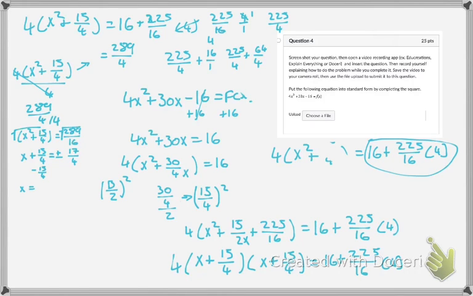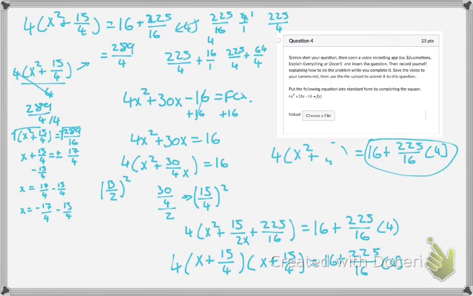So x equals 17 over 4 minus 15 over 4, but you can also have x equals negative 17 over 4 minus 15 over 4. So those are two equations that you could have, and you need to solve for those, and those will be your x's.